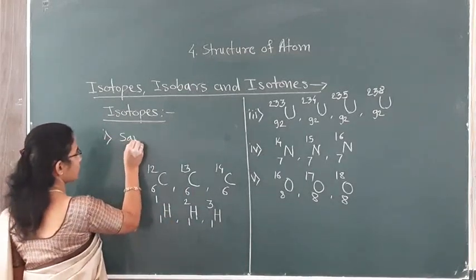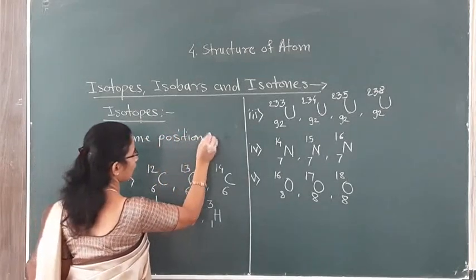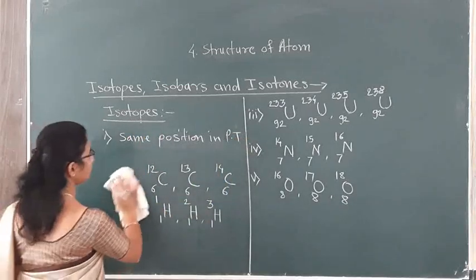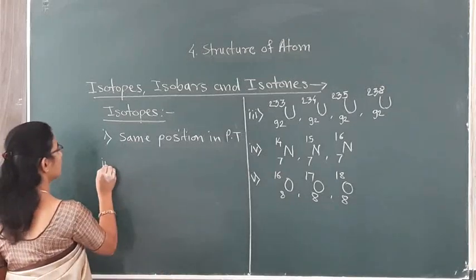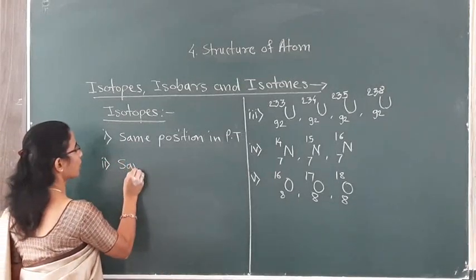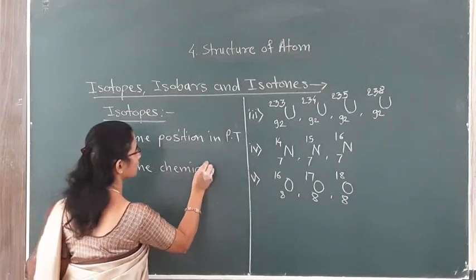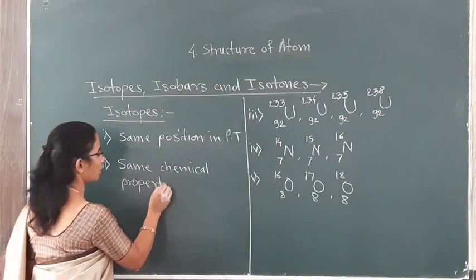That is, they possess the same position in the periodic table. Next property, they also have the same chemical properties.